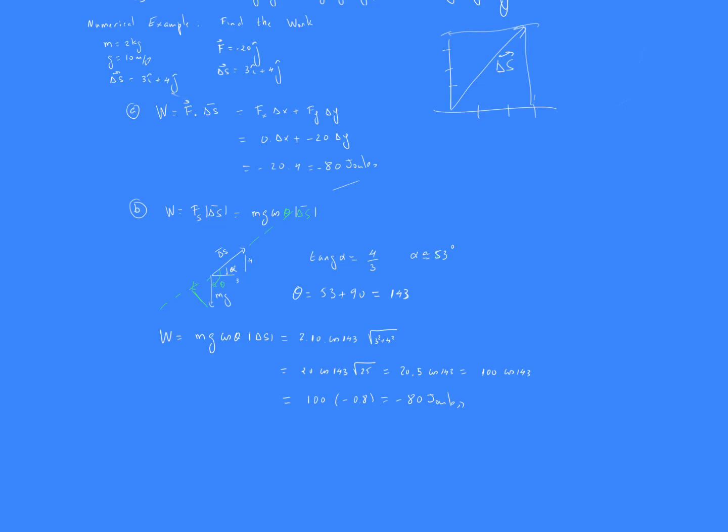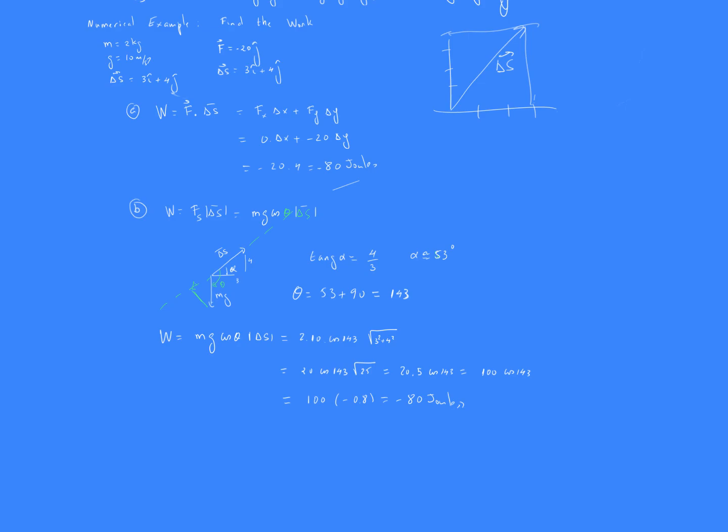The force in the direction of the displacement is mg cosine of theta, where theta is the angle between the displacement and mg. Don't confuse it with this angle here. This is the dot product. The force in the direction of the displacement is mg cosine of theta, multiplied by the displacement.